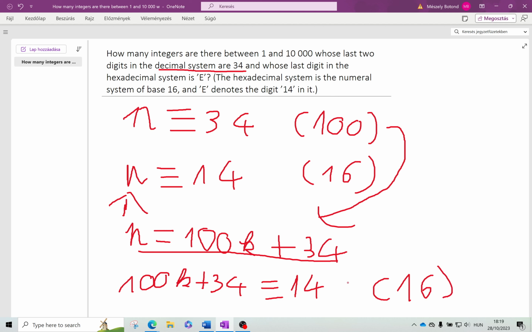This must be true. So to find those numbers whose last digits are 34 and E in the hexadecimal system, both of these need to be true. We need to solve this equation.